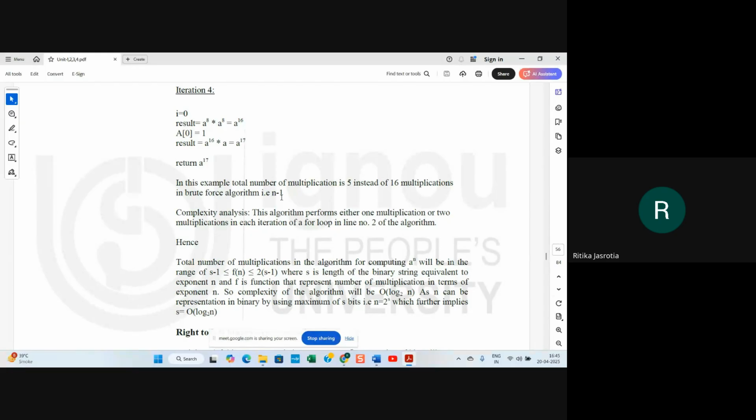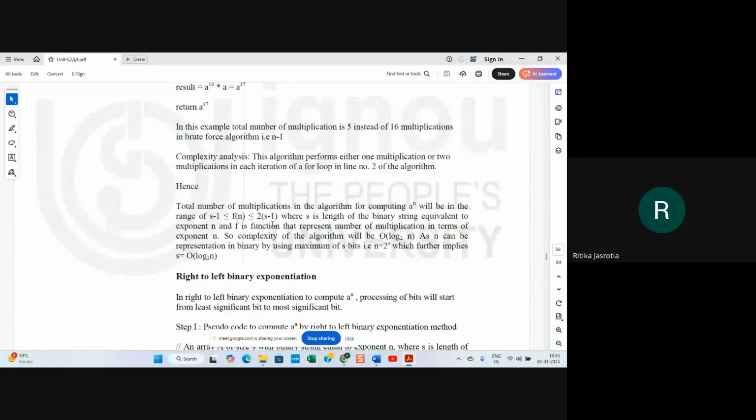So this algorithm performs either 1 multiplication or 2 multiplications in each iteration of the for loop in line number 2 of the algorithm. Right. So hence the total number of multiplications in the algorithm for computing A^n will be in the range of s minus 1 less than or equal to f(n), and less than or equal to 2s minus 1, where s is the length of the binary string equivalent to the exponent n, and f is the function that represents number of multiplications in terms of exponent n.